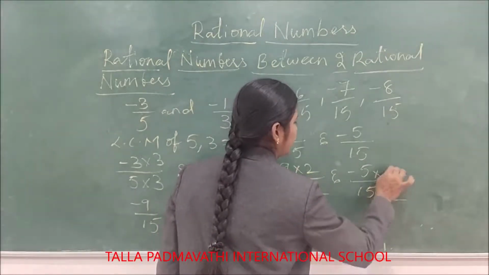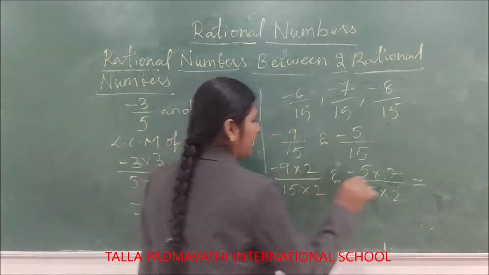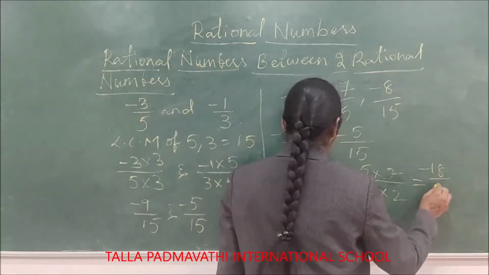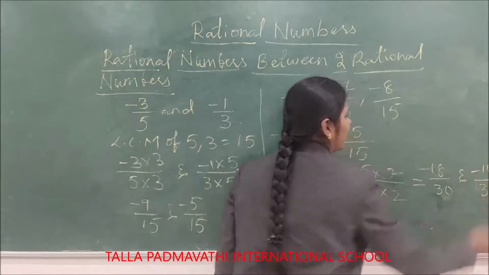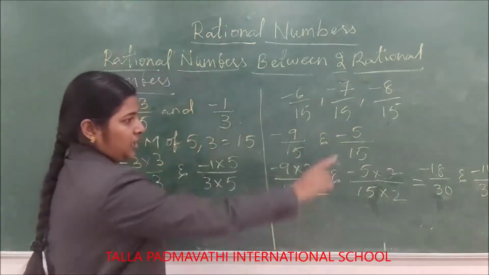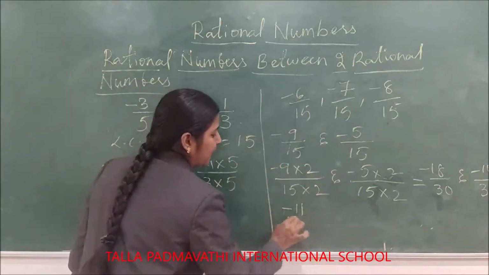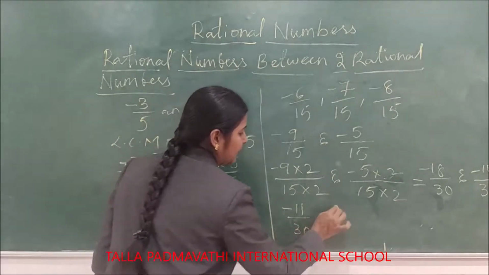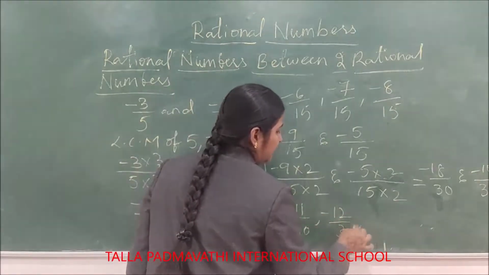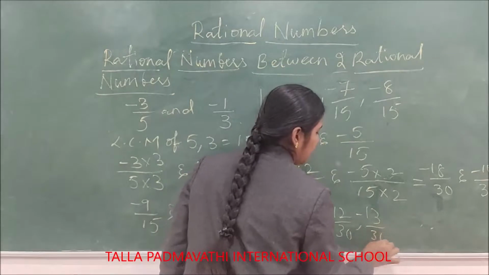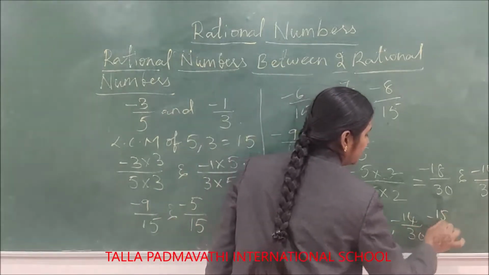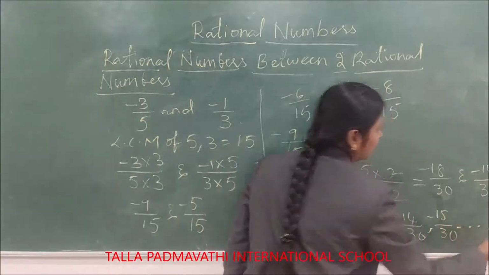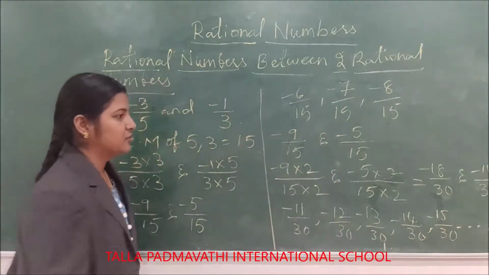Just see children, that will be equal to minus 18 by 30 and minus 10 by 30. Now see here children, in between them what will you be having? Minus 11 by 30, minus 12 by 30, minus 13 by 30, minus 14 by 30, minus 15 by 30 and so on.